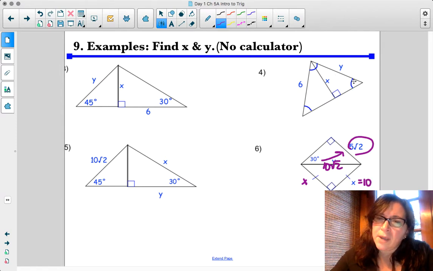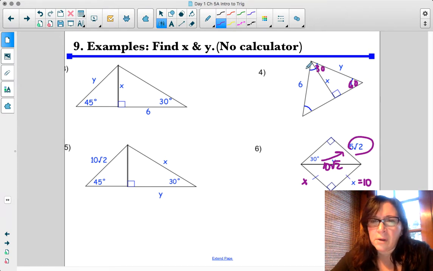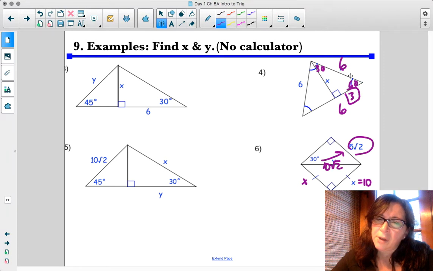For this one, we have a 60, 60, 60, which makes that 30. I have no sides, except for if all my angles are congruent, then all the sides are congruent. So y is 6. If it's an equilateral triangle, that makes that 3. And that's done. Across from the 60 would be 3 root 3.